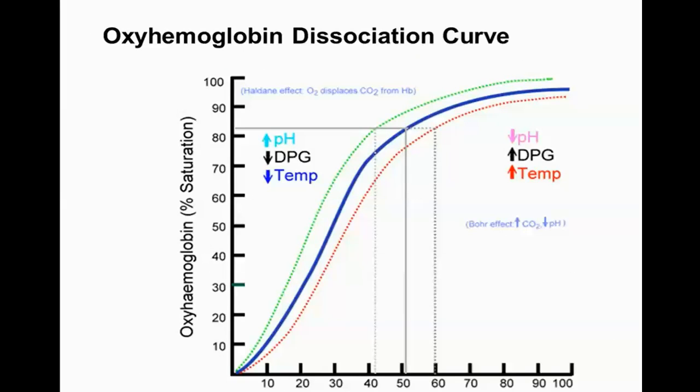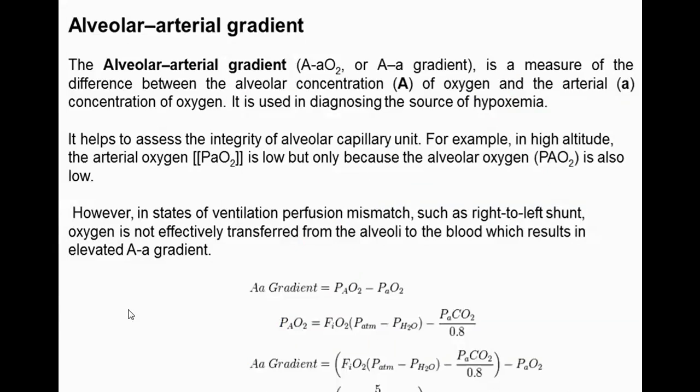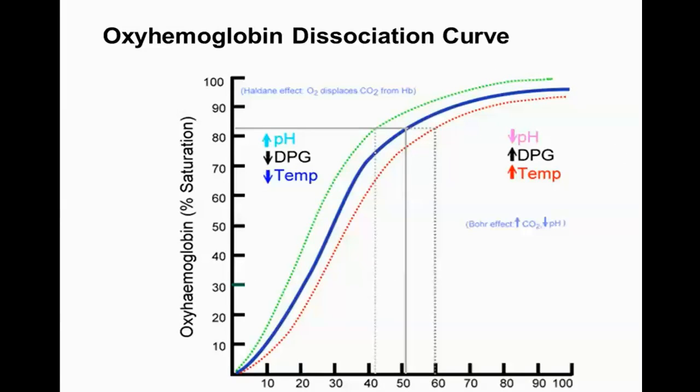This is what we are talking about: how much PO2 is needed to saturate the needed amount of hemoglobin. For 100%, we need about 80 to 90. There is no problem here because this is the plateau portion, and also here this is the plateau portion.